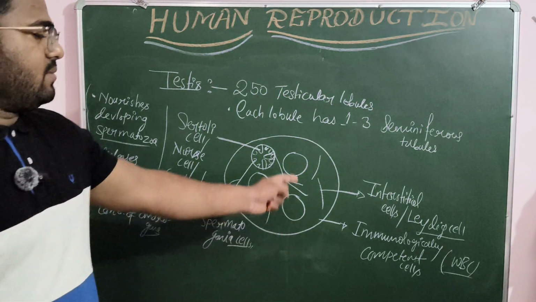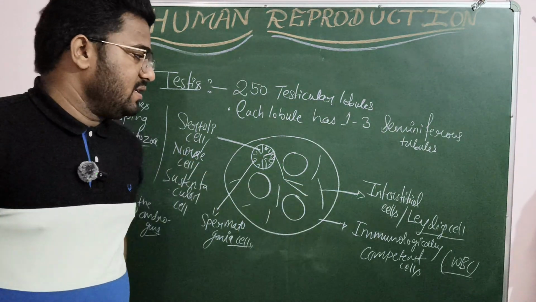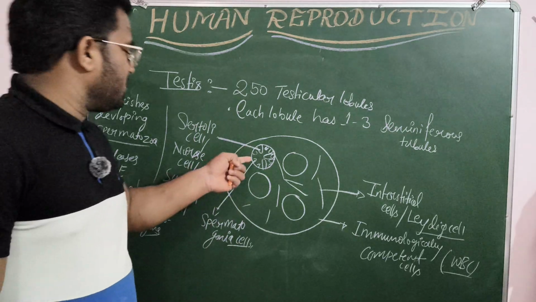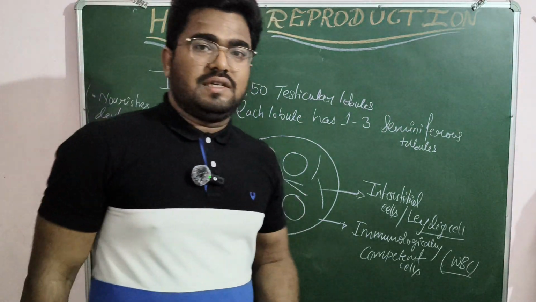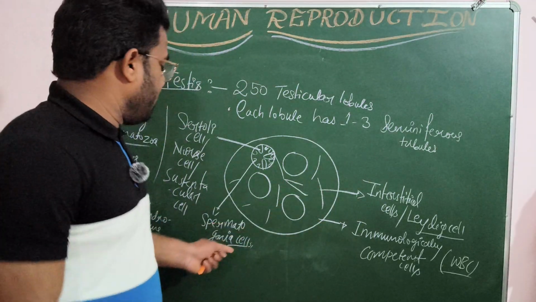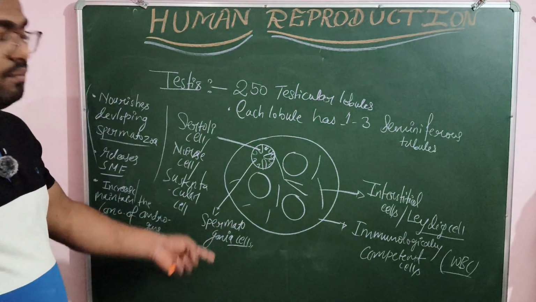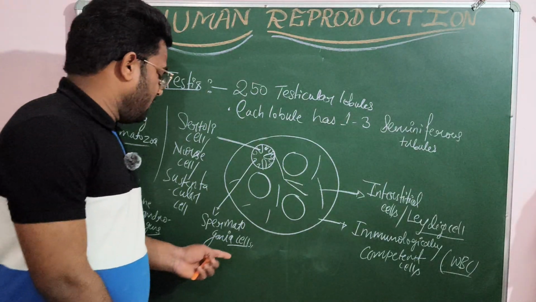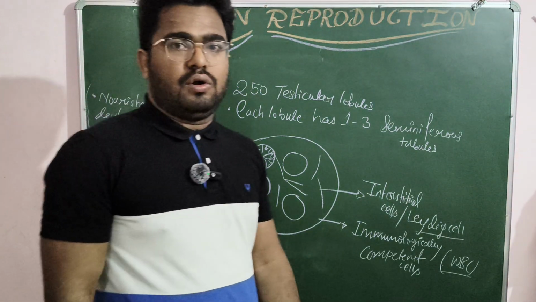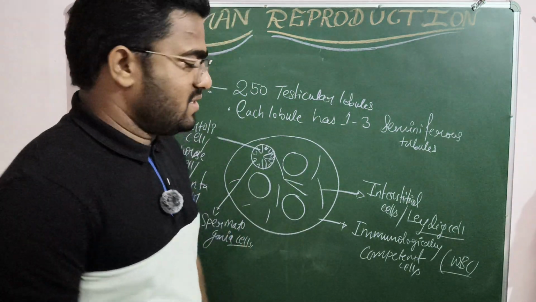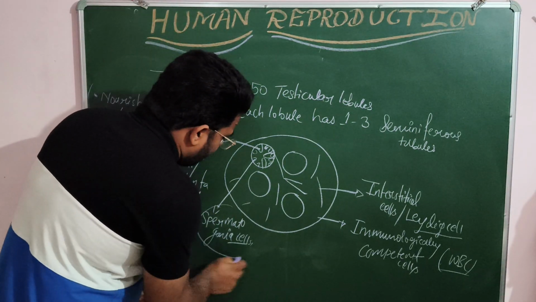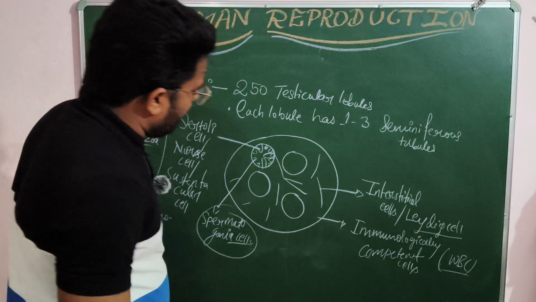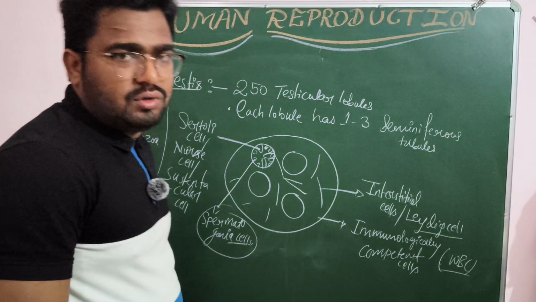We have discussed the Leydig cells, interstitial cell. So here we are seeing the Sertoli cells or seminiferous tubules. Inside the seminiferous tubules, spermatogonia cells are there, which are the sperm mother cell basically. This will further go under the meiotic division to form the spermatozoa cells, right? So how exactly are the sperms formed by the process of spermatogenesis?